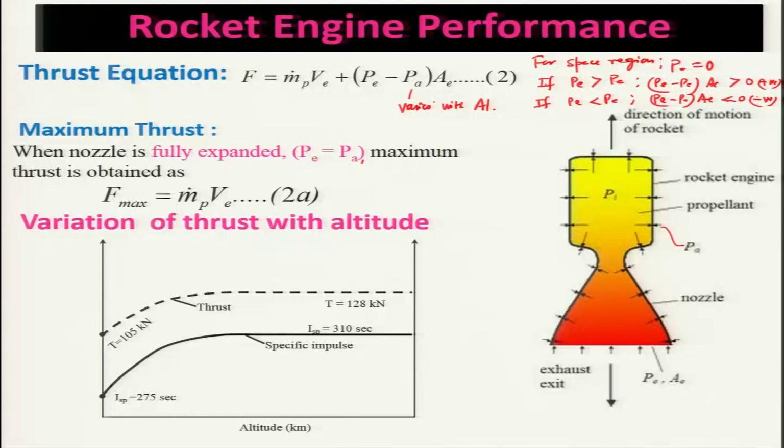So, if you look at altitude, the thrust goes on increasing, but after a certain altitude it remains almost constant, and so also the specific impulse, which we are going to define. Keep in mind that the thrust varies from 105 kilonewtons to 128 kilonewtons in this example, and so also the Isp varies from 275 seconds to 310 seconds.